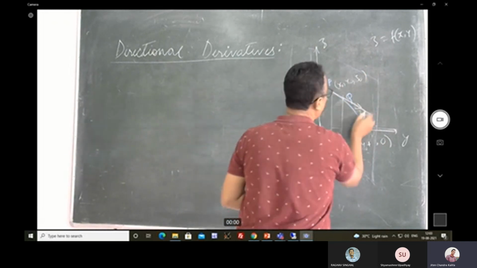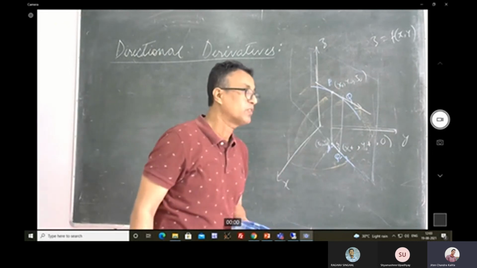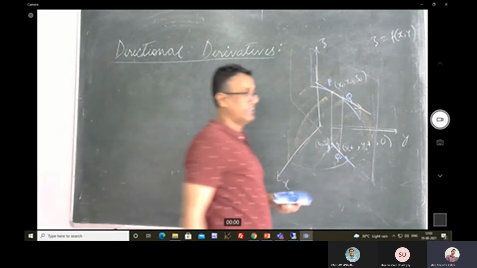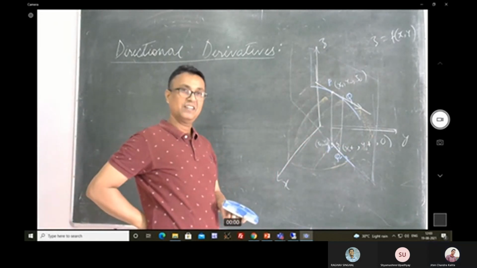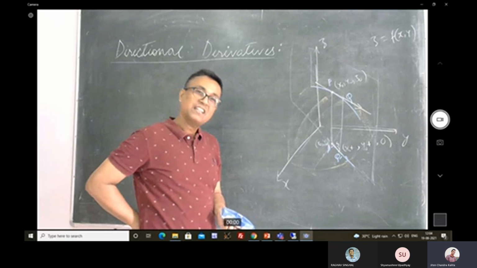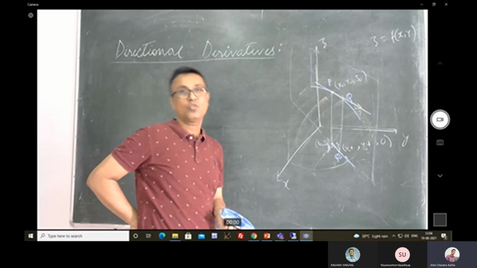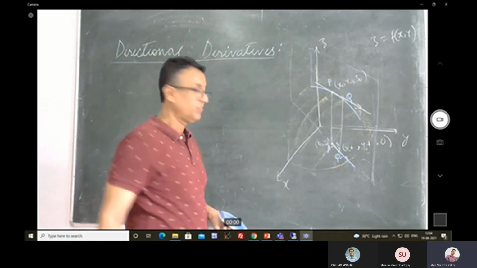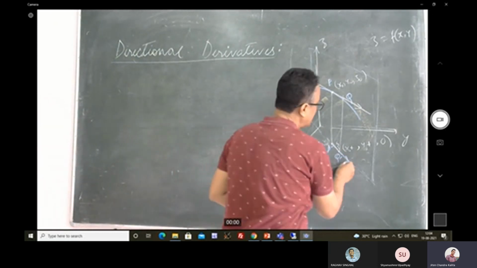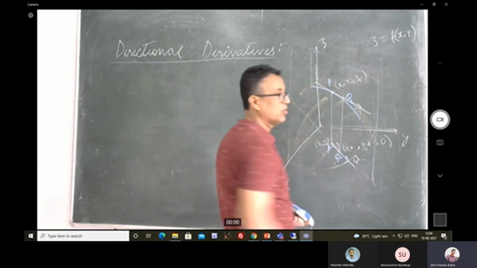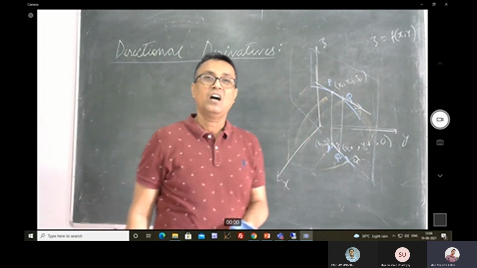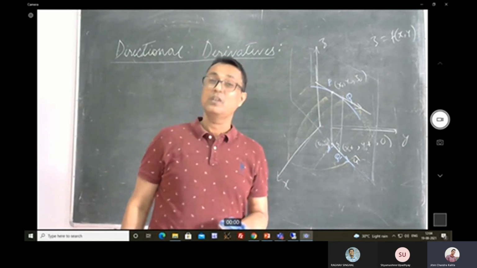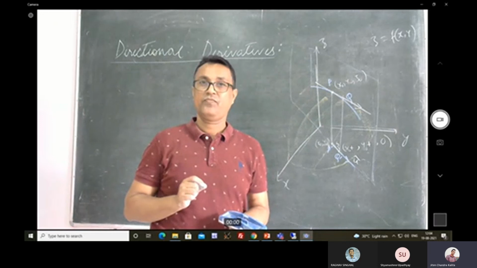The slope of this tangent gives the rate of change of z along that direction. Is it okay? That rate of change is nothing but the directional derivative of the function f in the direction of u cap, where u cap is a unit vector in the direction in which we are seeking the derivative.